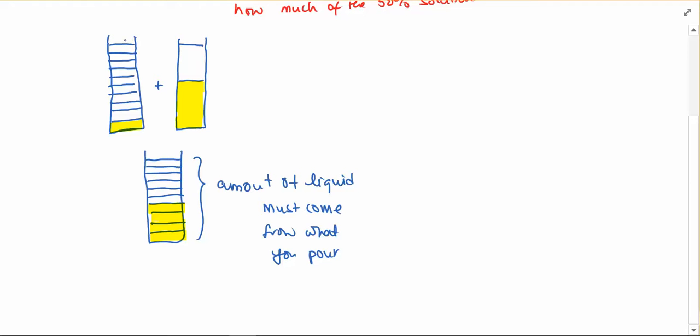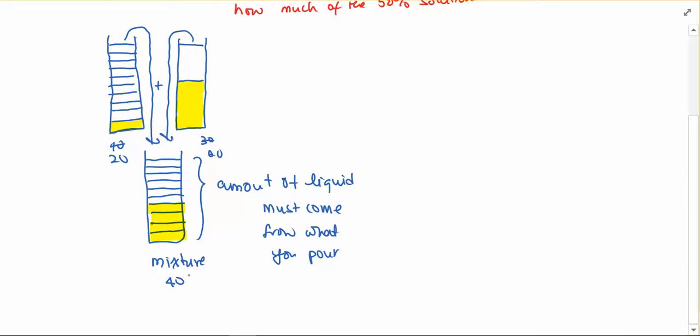So however much you pour in from here and however much you pour in from there must equal the amount that's in the mixture. So if I were to pour, I don't know, 10 from here and 30 from here, well then that's going to have 40 in it. If I were to pour 20 from there, then I would have to pour 20 from here to have 40 pints in this mixture. So we know the mixture contains 40 pints.